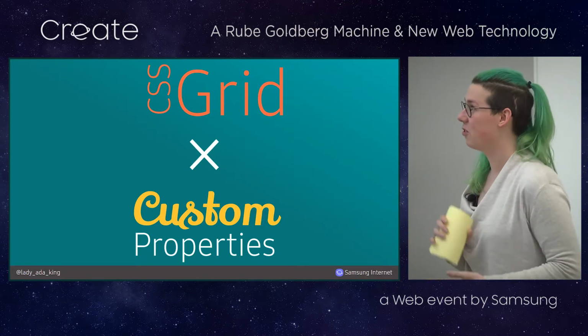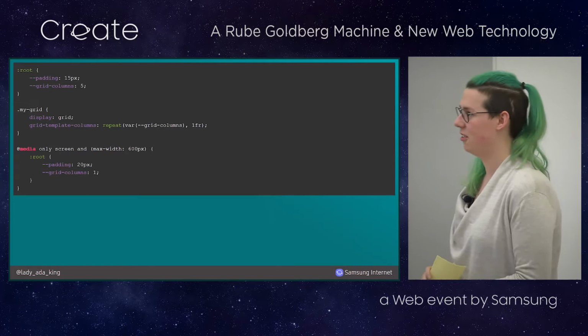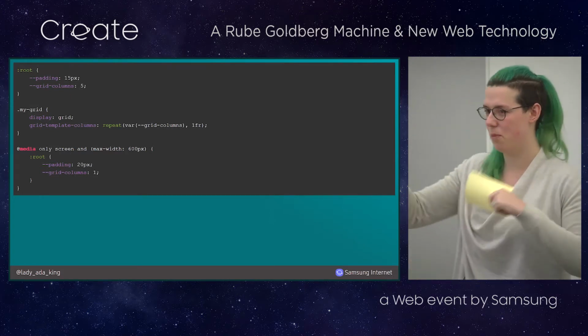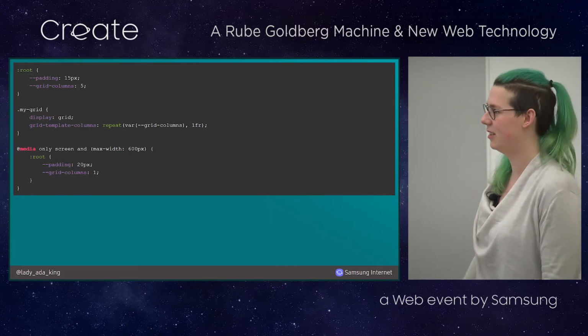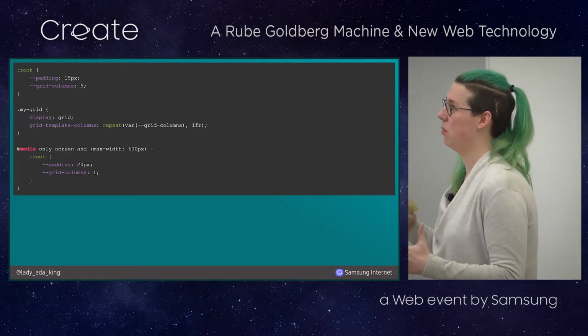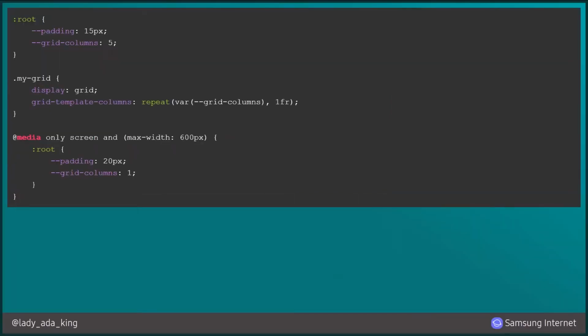So yeah, CSS Grid and custom properties. This is just a one-slide one. My whole plot was I would find one thing to combine everything together. I almost did it, but CSS Grid and custom properties is really, really nice for responsive design.